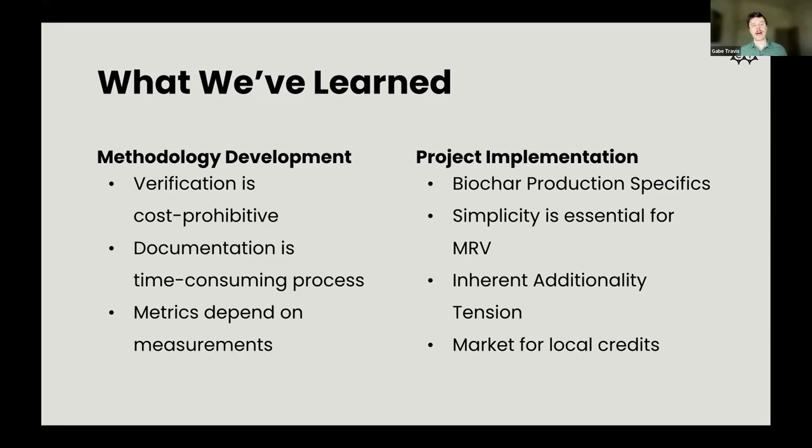Even at that scale, going through the verification was going to take a significant chunk of the funds that would be made available from the credit issuance. When we got down to actually crunching the numbers, the amount that we sequestered was much lower than that, closer to 30 to 50 tons of CO2e. And at that point, the verification just completely swallows any returns that the credits would have.